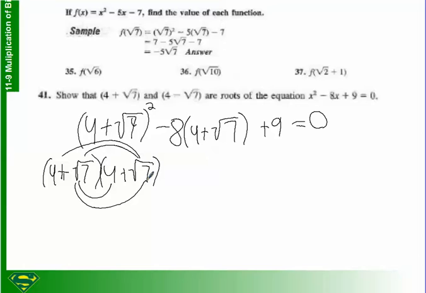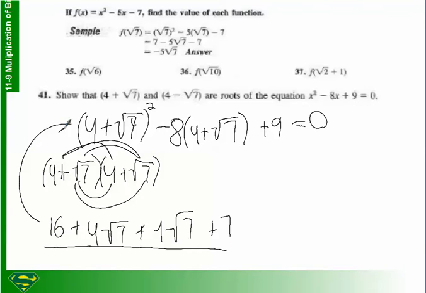So 4 times 4 is 16, and then 4 times the square root of 7 is 4 square root 7, and then the square root of 7 times 4 is also going to be 4 square root 7, and then the square root of 7 times the square root of 7 is 7, so it's plus 7.